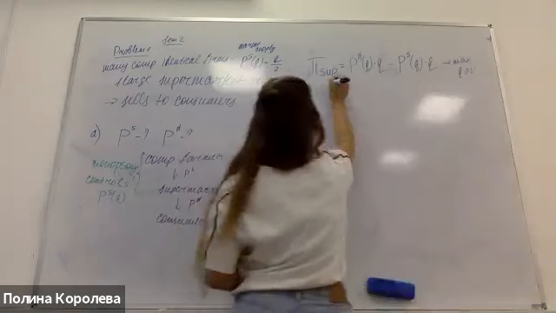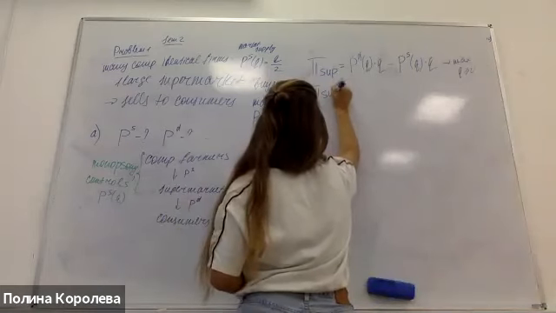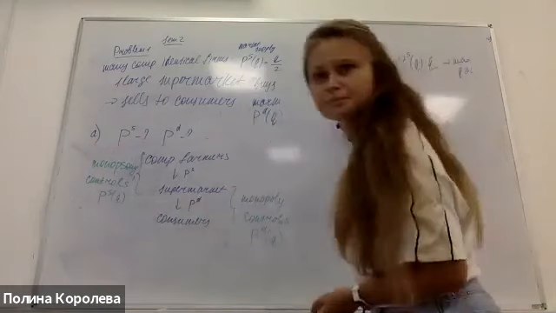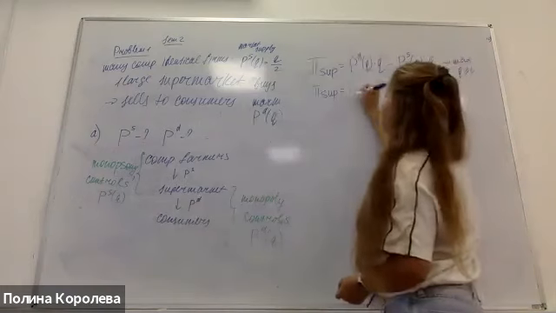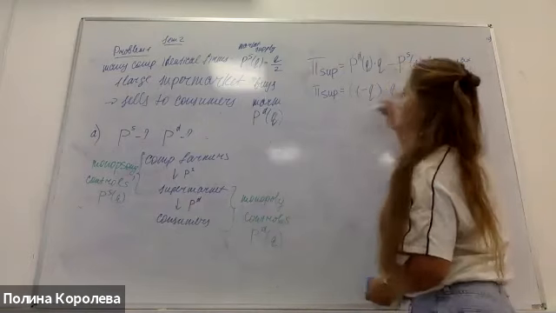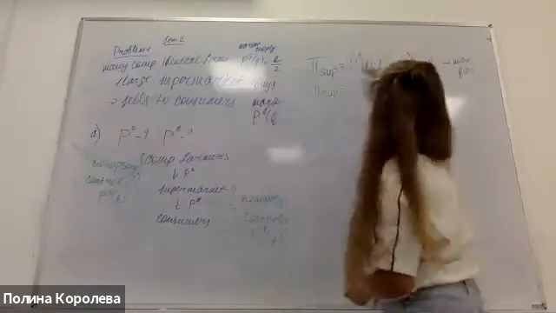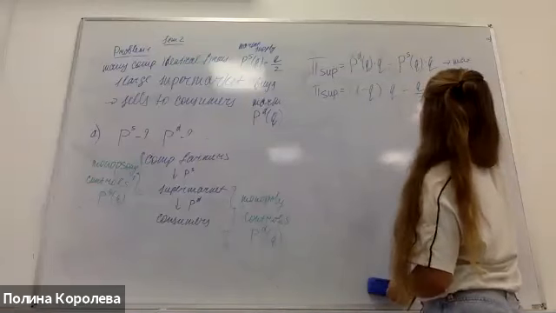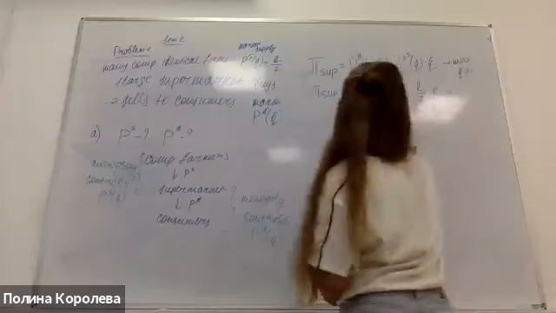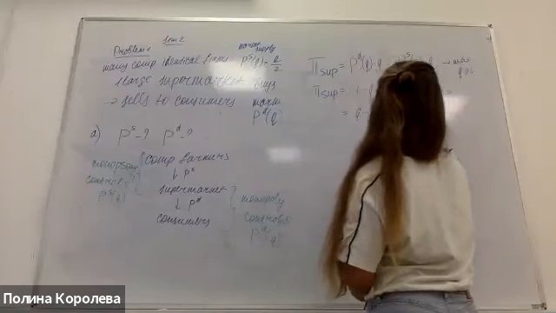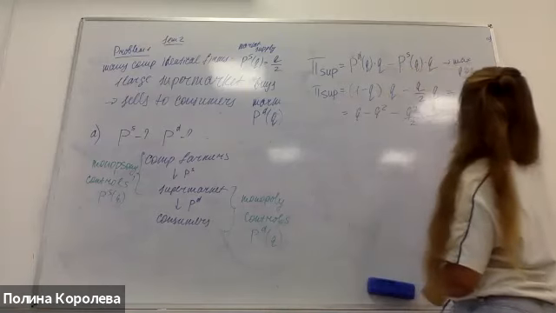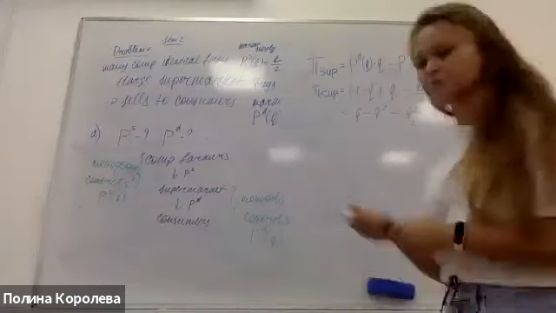So let's write it down: (1 minus Q) multiplied by Q minus Q divided by 2 multiplied by Q. This will be Q minus Q squared minus Q squared divided by 2, maximized by Q greater or equal to 0.